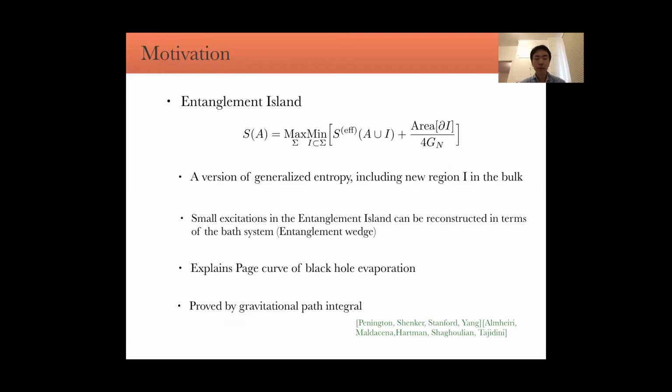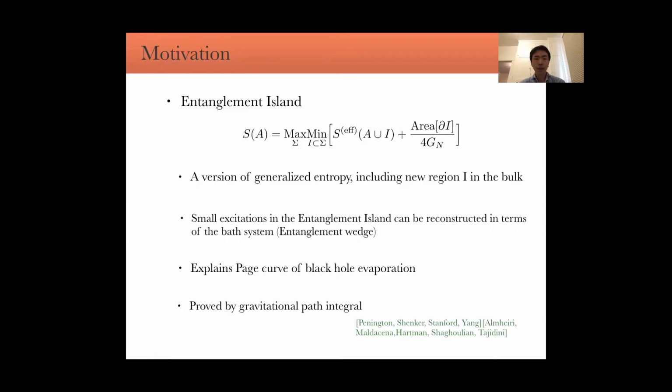In particular, if you employ the idea of an entanglement wedge, one can also say that a small excitation inside the entanglement island can be reconstructed in terms of the bath system.